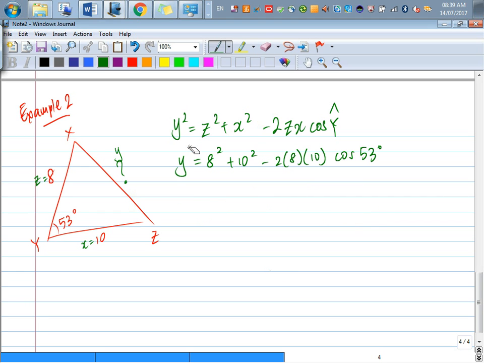Just remove this y square, put a square root here. Save you a little bit of time. Okay? So answer. 8.2285.